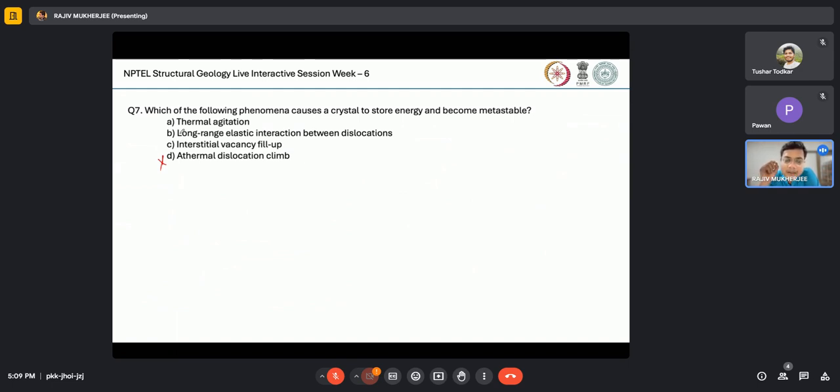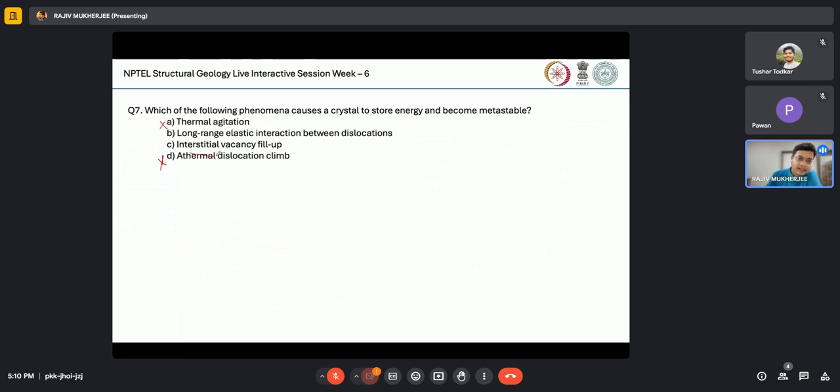If you keep increasing the temperature very high, say for example 1 million degrees centigrade, it will vaporize, going to the vapor state or the plasma state. It can happen, right? So thermal agitation does not help the material to store its energy. It will eventually lead to the formation of a new phase. So that's how we can eliminate this option as well.